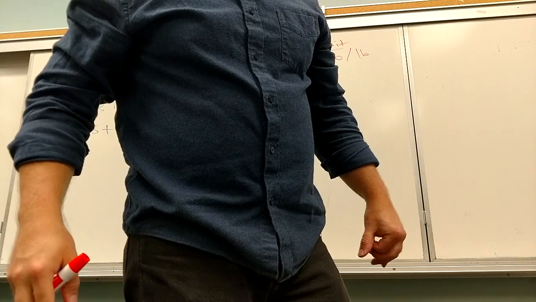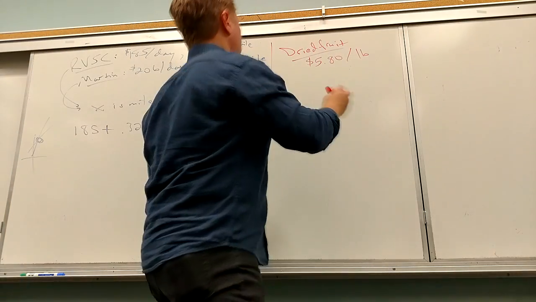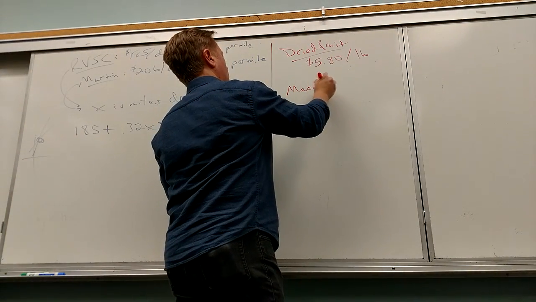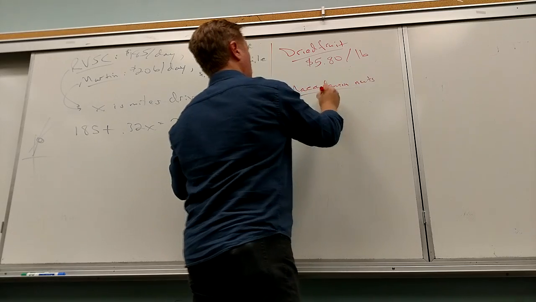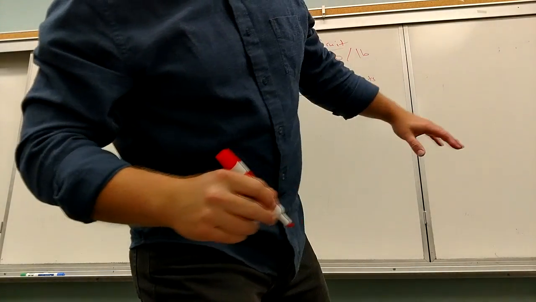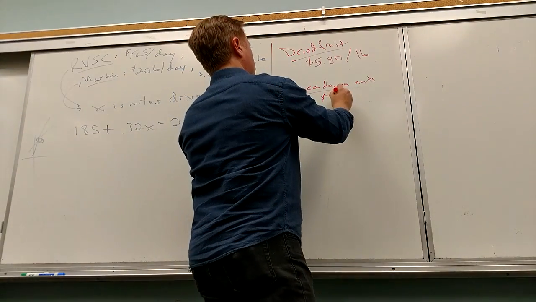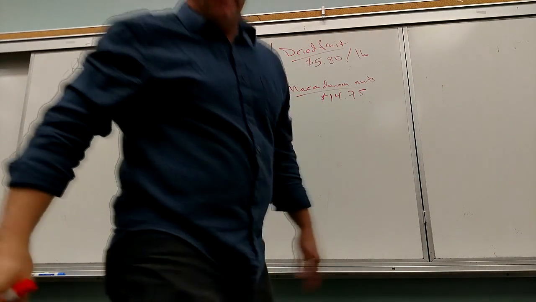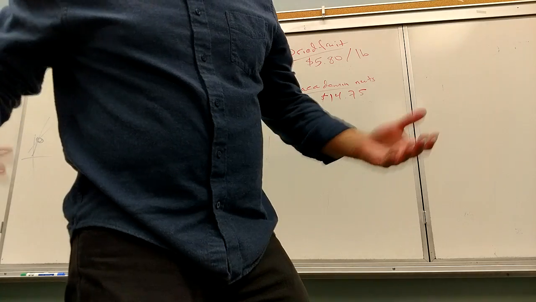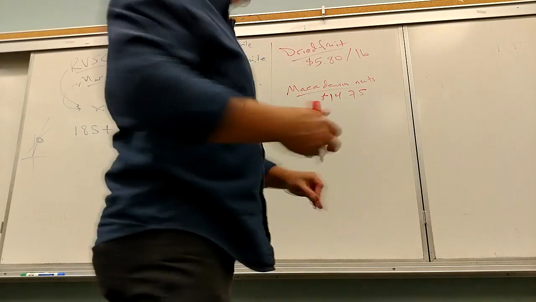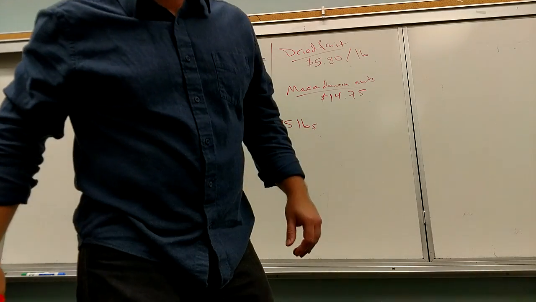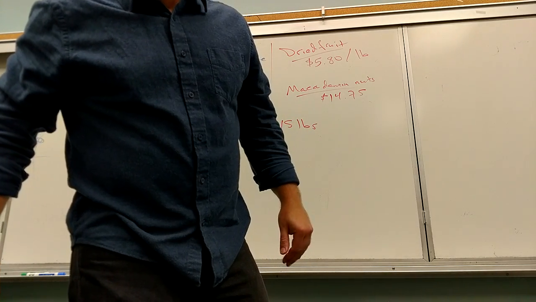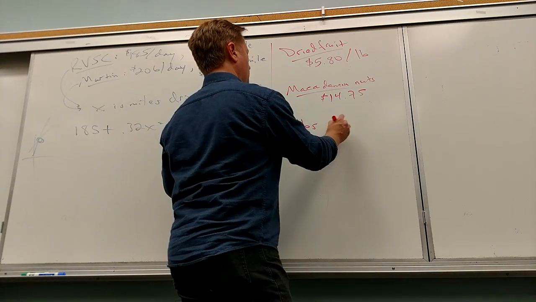Hawaiian macadamia nuts, $14.75 a pound. There we go, $14.75. Those macadamia nuts. She wants to blend the two to get a 15-pound mixture. 15 pounds. Sell for $9.38 per pound.